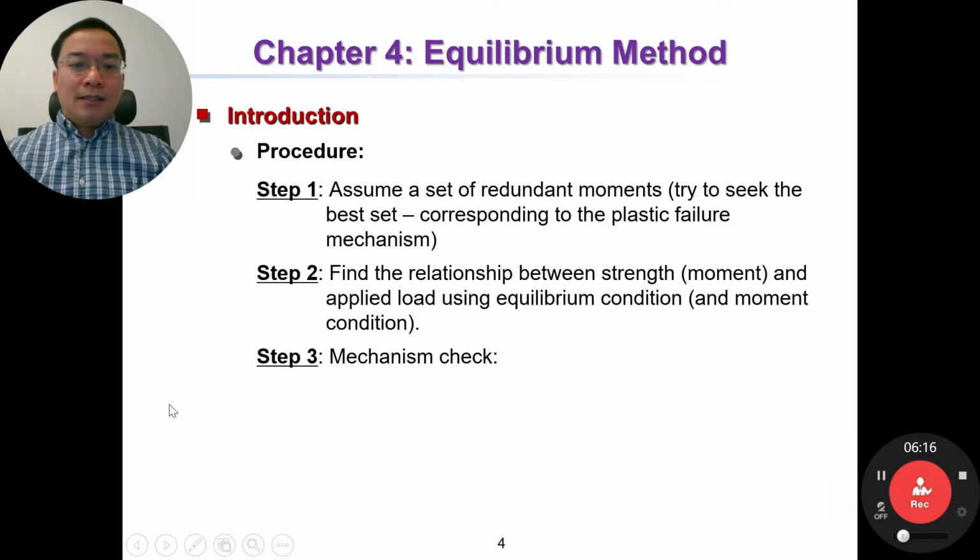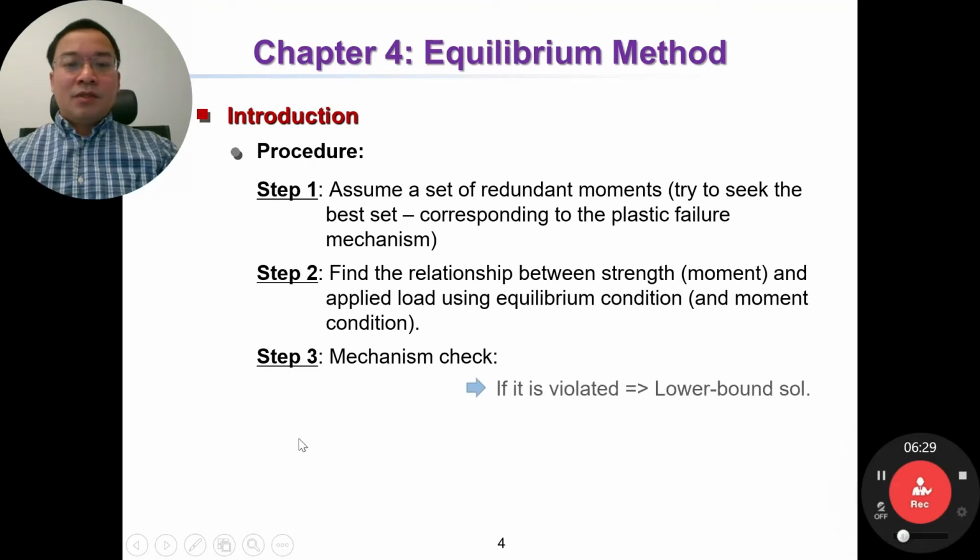The third and last step is the mechanism check. We have to check the mechanism based on our assumption. If it is violated, then it is not the correct solution, but it is a lower bound solution.